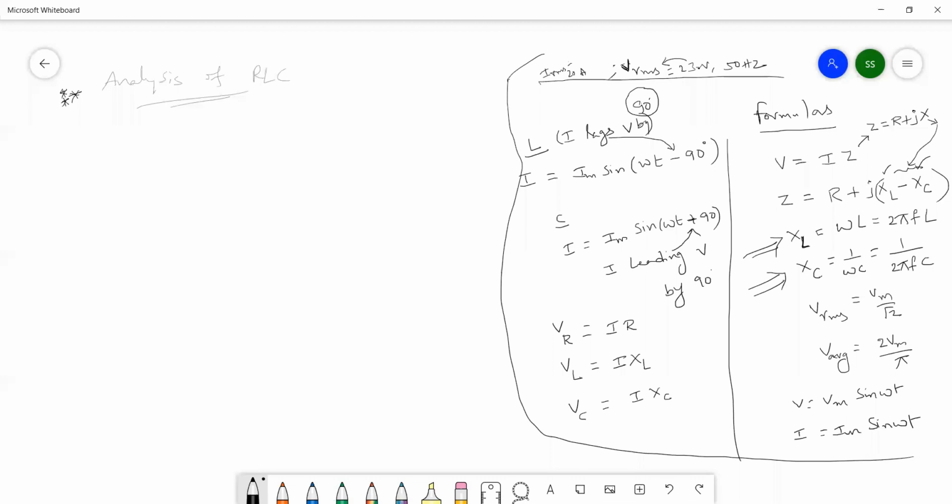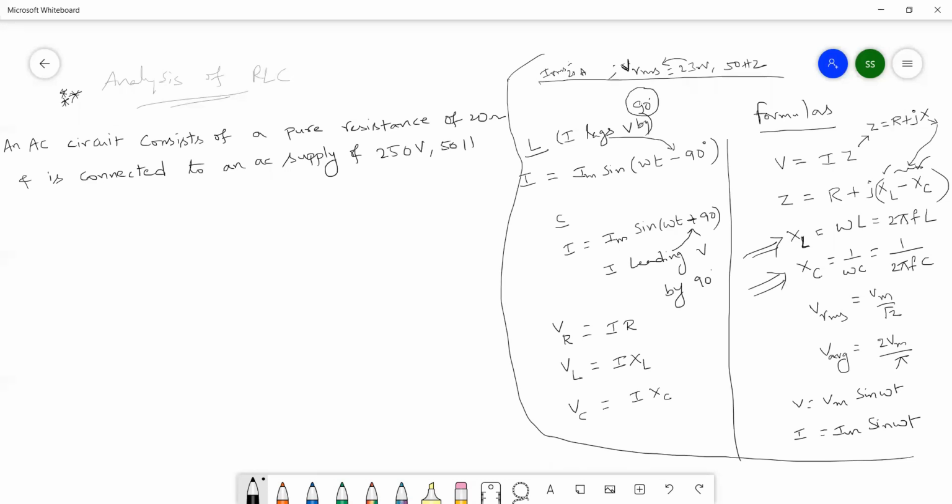Note down one problem. An AC circuit consisting of a pure resistance of 20 ohms is connected to an AC supply of 250 volts, 50 hertz.